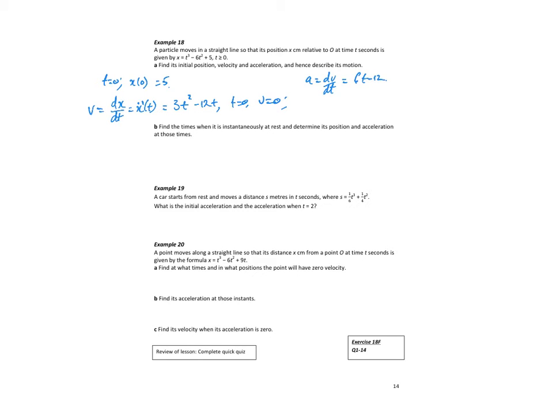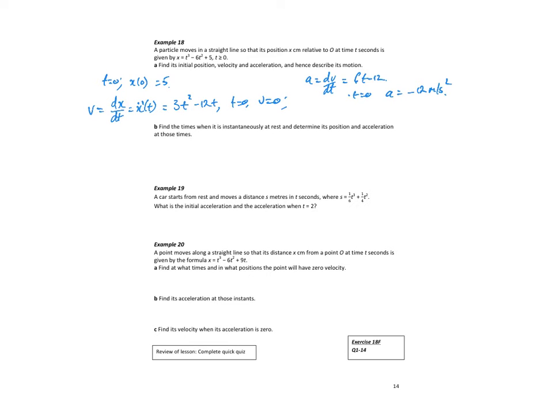If I put t equal to 0, my acceleration is going to be negative 12 metres per second squared. The negative just simply means we're moving in the left direction. If right on the number line is positive, left is negative.